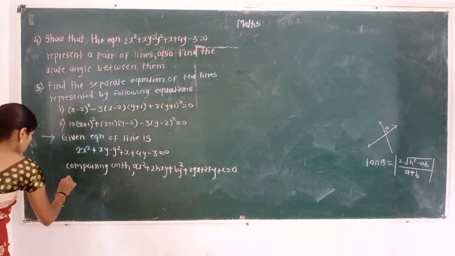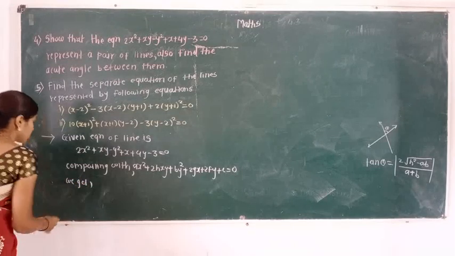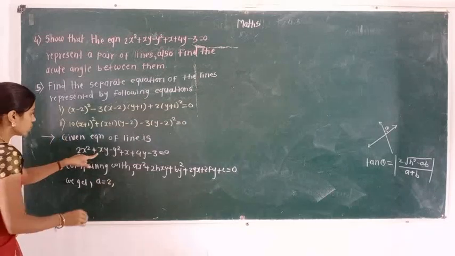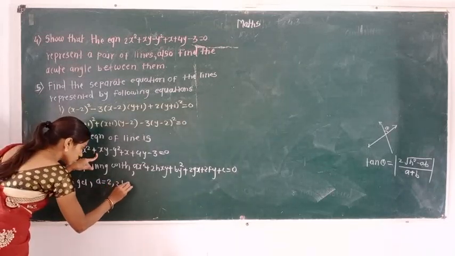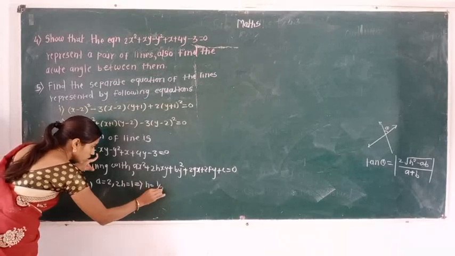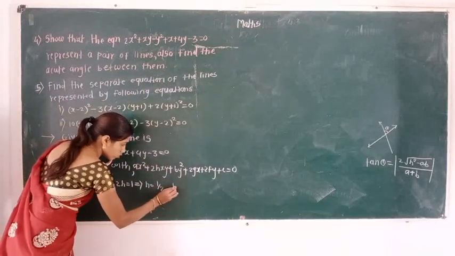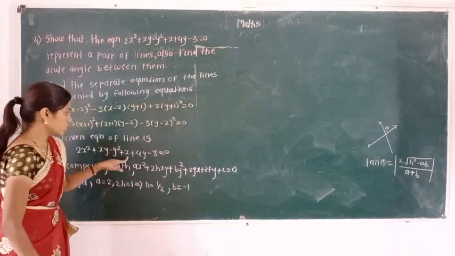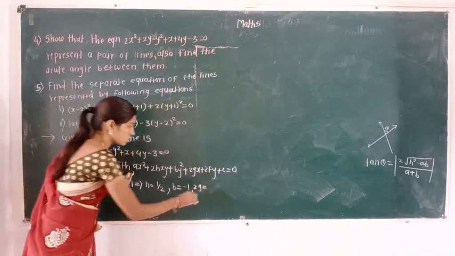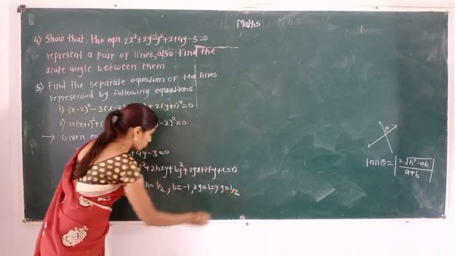Now we get the values. Value of a is 2. Value of 2h is 1, which implies h is half. Value of b is minus 1. Value of 2g is 1, which implies g is half.